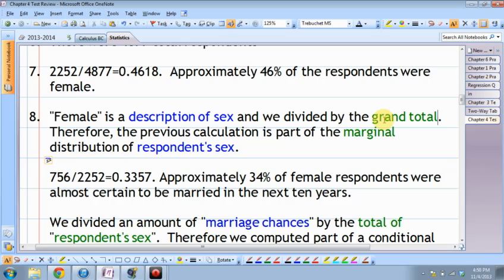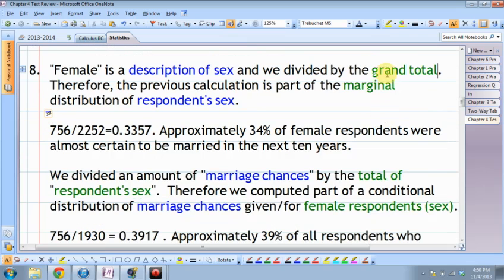Okay, so because we divided by a grand total, this is a marginal distribution for respondents' sex. Okay? Next, question 9.